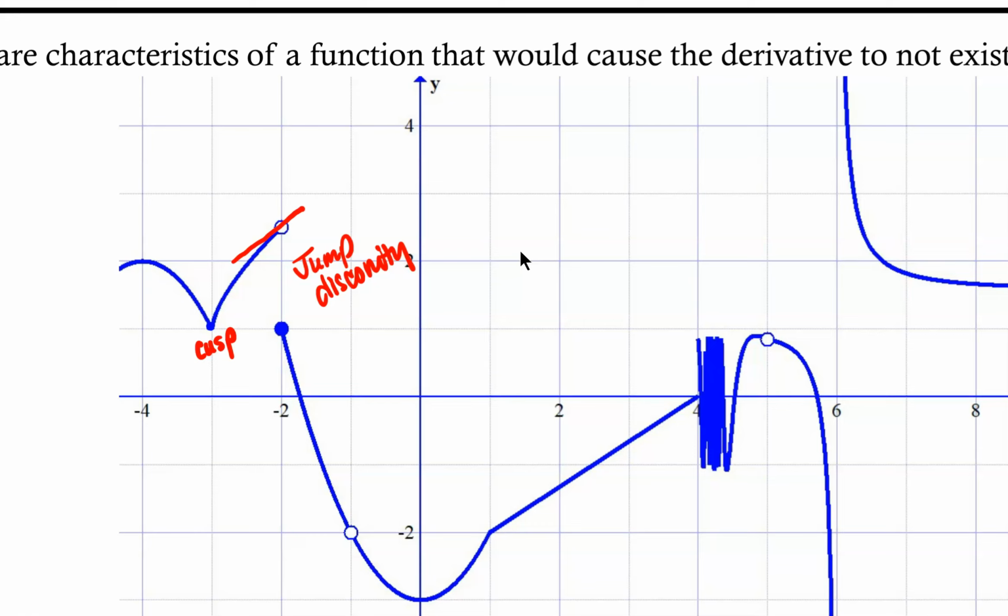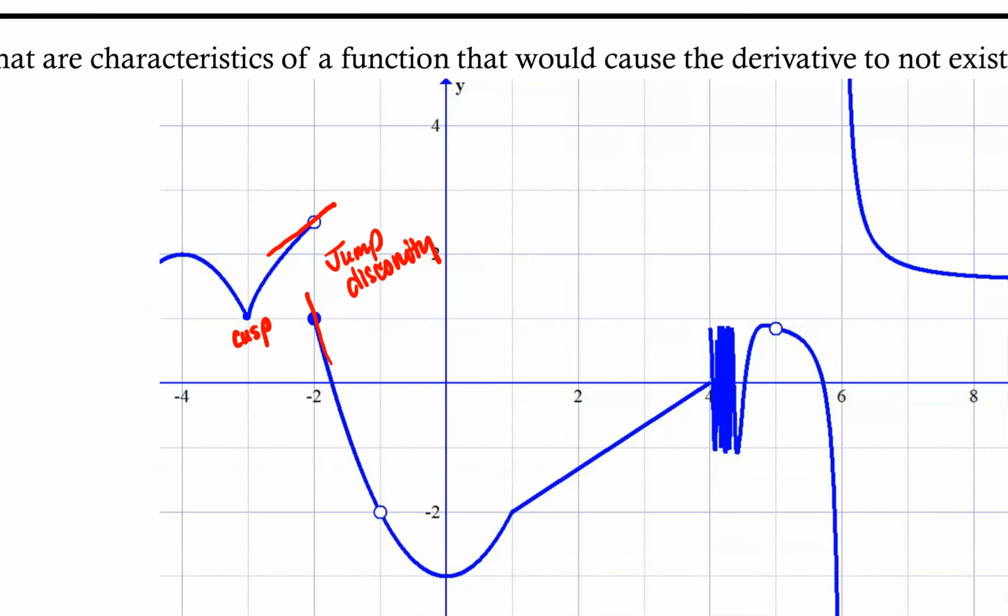If I'm coming from the right and hoping to create a tangent, I have an entirely different behavior. And notice that those two slopes are not the same, meaning that the derivative would not exist at that point.